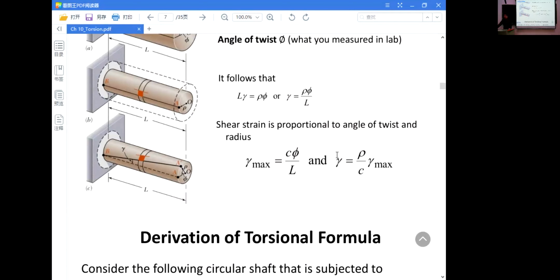C is the radius, the maximum value of rho. For a given point in the shaft, the distance is rho. So C is the maximum value of rho. Got it?